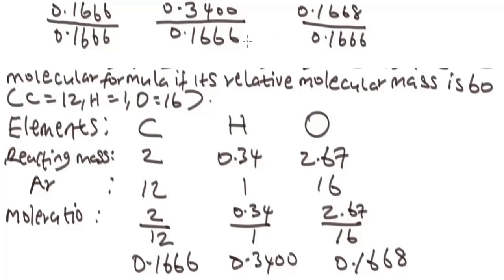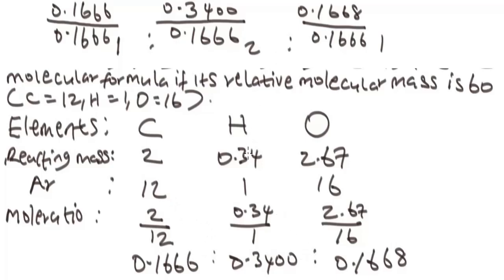Let me punch in my calculator and get them respectively. The first one gives 1, the second gives 2, and the third gives 1. So we have the ratio 1 is to 2 is to 1.